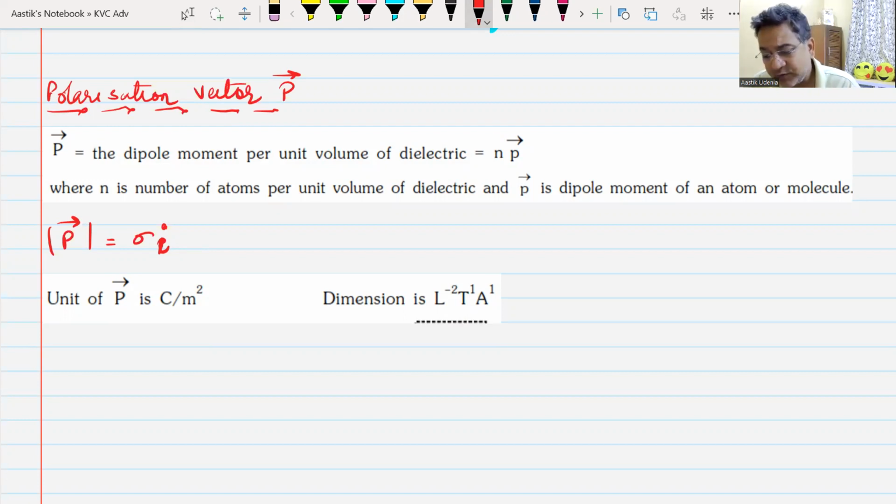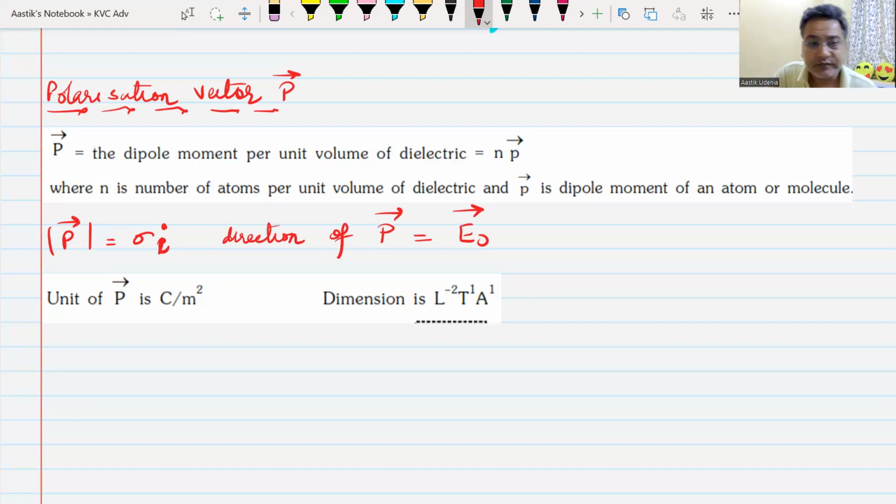The magnitude of this polarization vector is the same as the surface charge density of the induced charge, sigma I. And the direction of the P vector is the same as the direction of E naught, the external field. Did you see that? Yes or no?